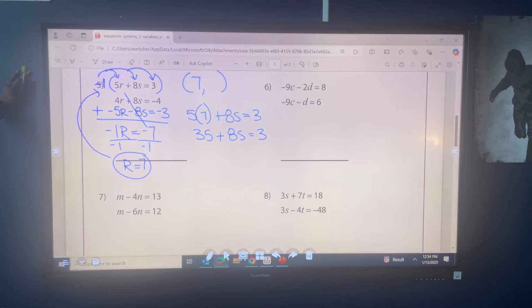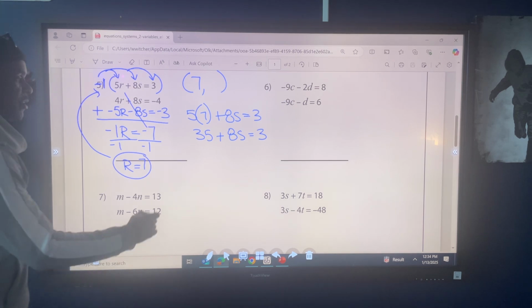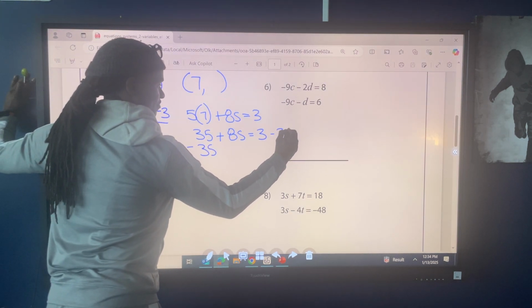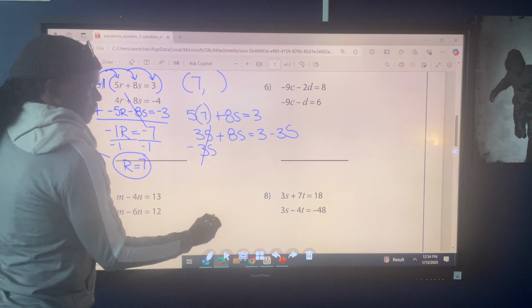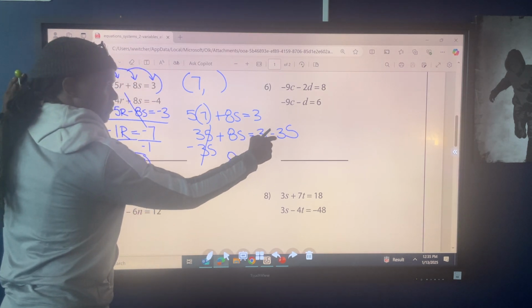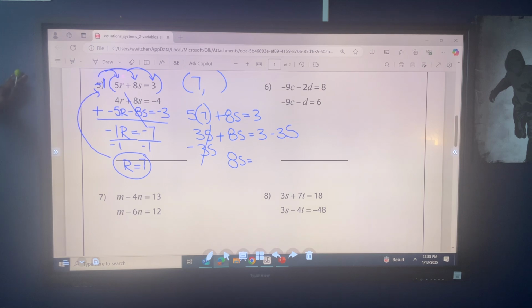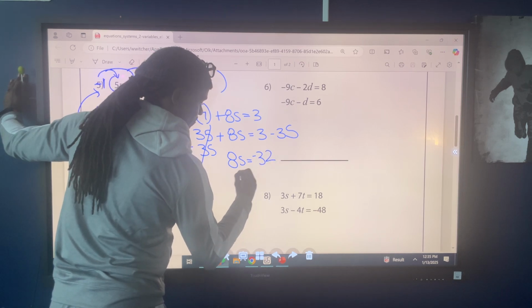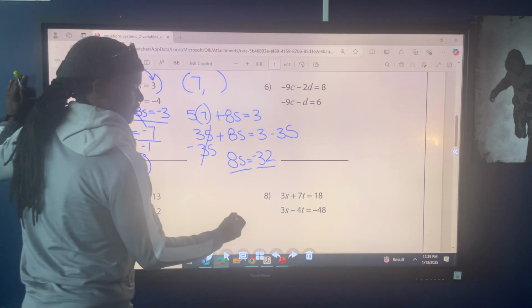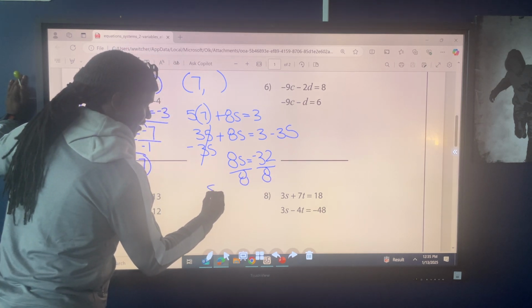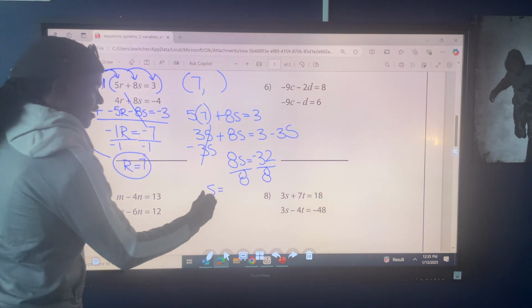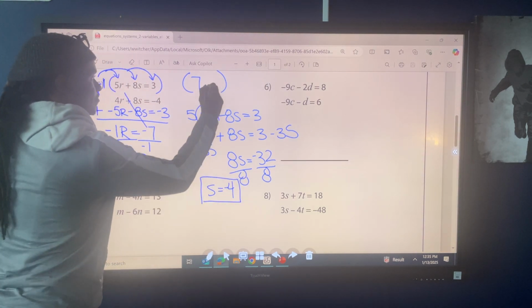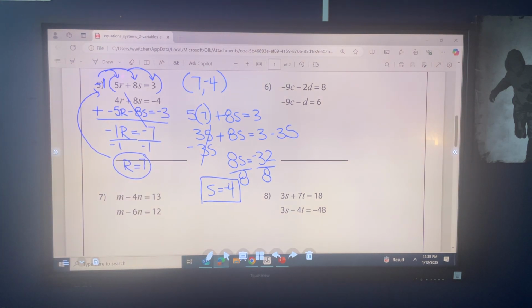Minus 35. The 35s cancel. What am I left with? 8S equals 3 minus 35, which is -32. Divide by 8. S equals -4. So your answer is 7 and -4.